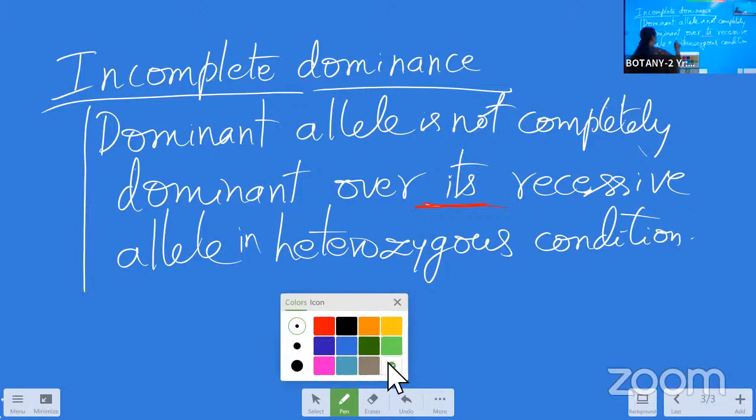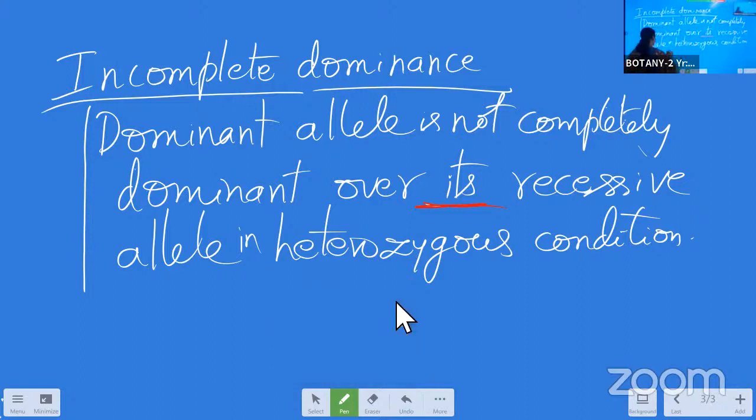Its recessive allele in heterozygous condition, or in another way we can say, the recessive allele is also expressing its characters in the heterozygous condition. This way or that way we can say.